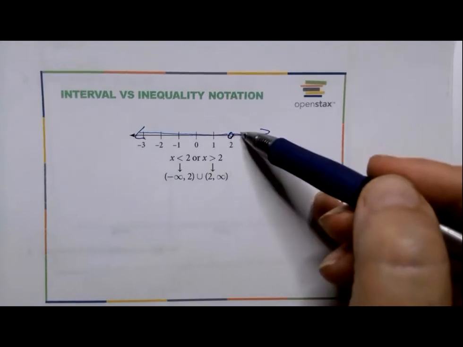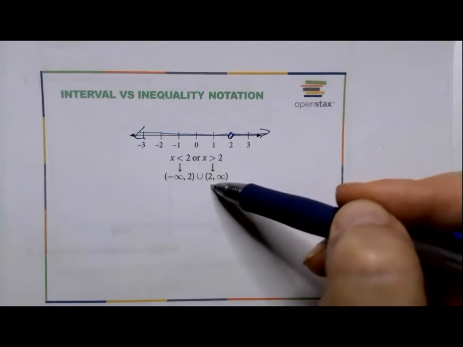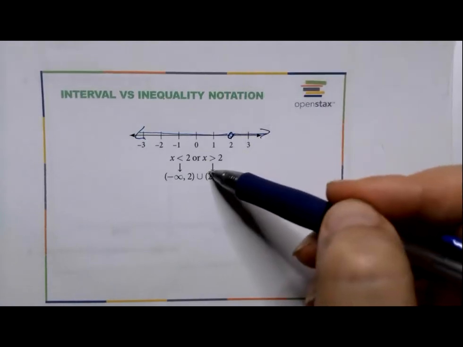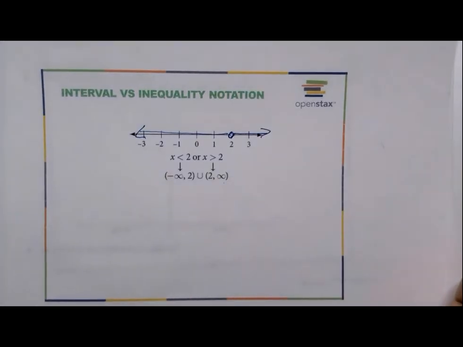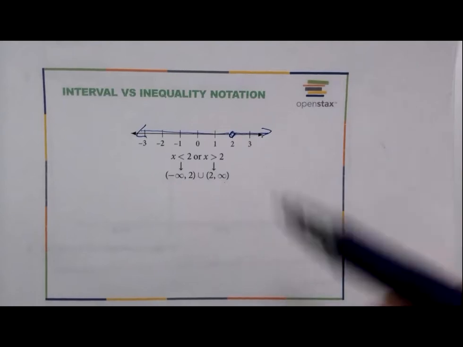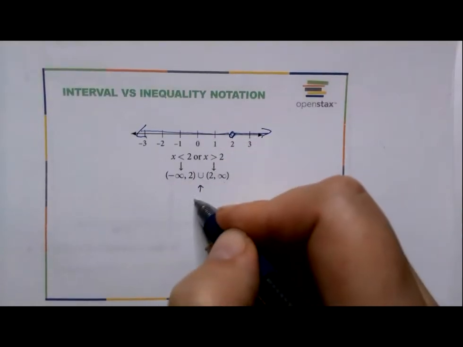So the second interval is from 2 to positive infinity. Here it is, and again, round parenthesis by both endpoints, joined by our union symbol, which translates as or.